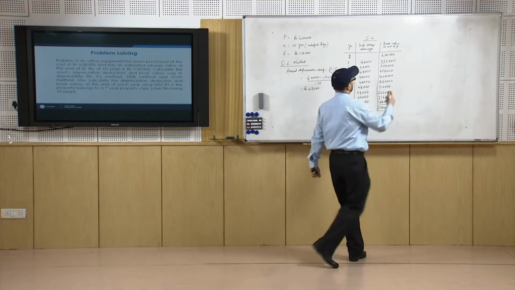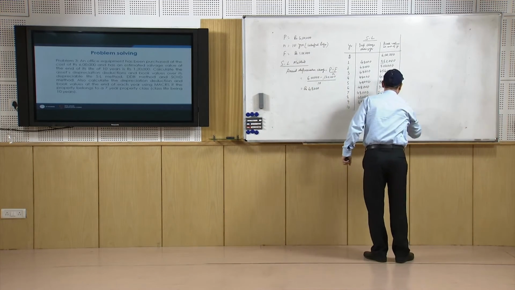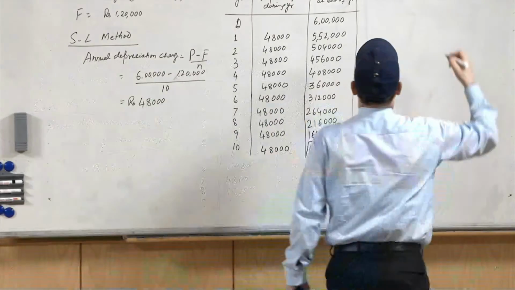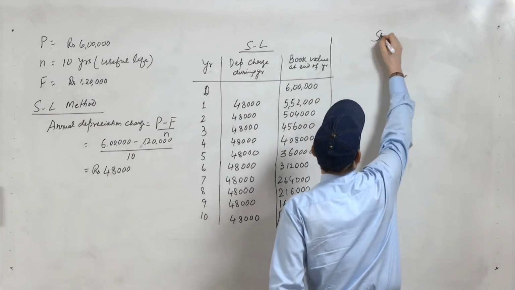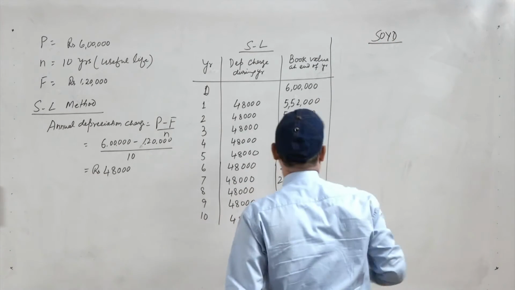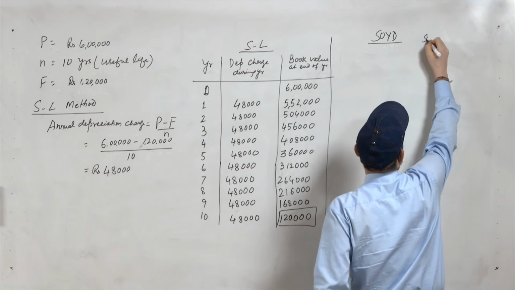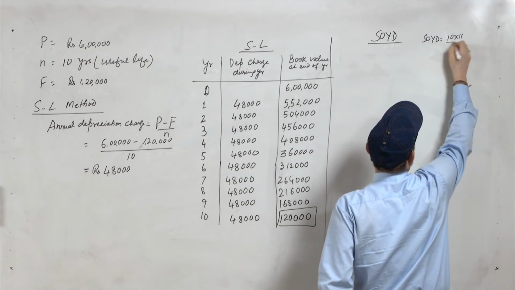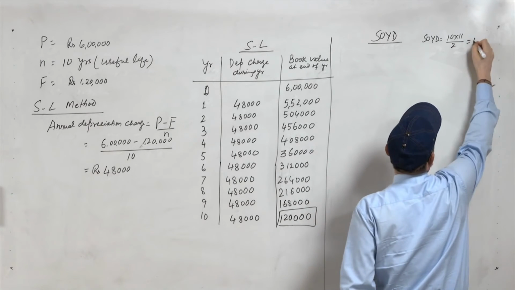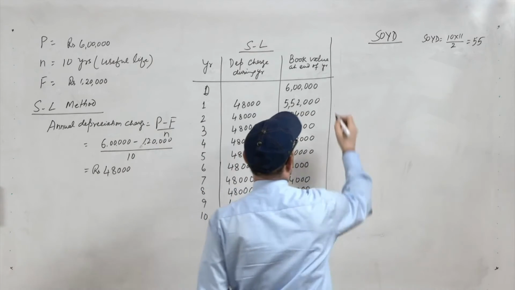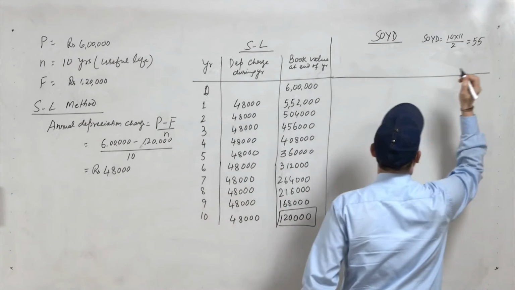Now, let us see using the SOYD method. In the SOYD method, the sum of years digits can be calculated as 10 into 11 by 2, so it is 55. Now, we will calculate in the same way.